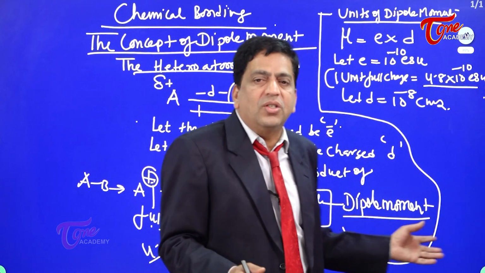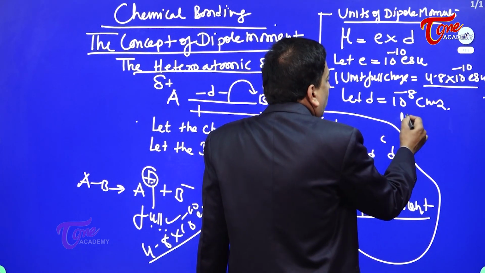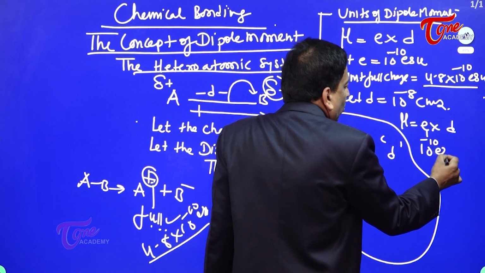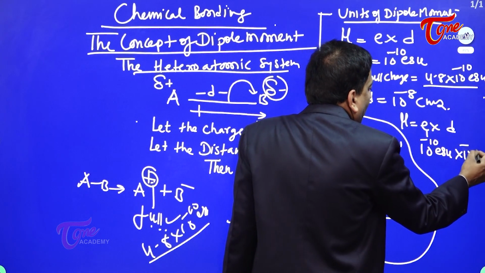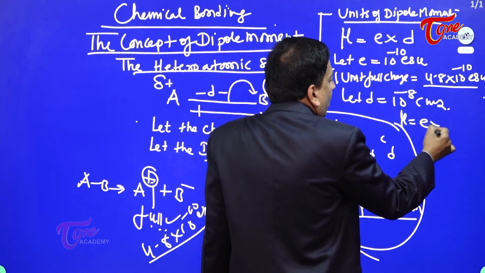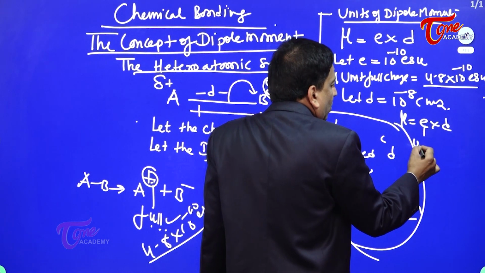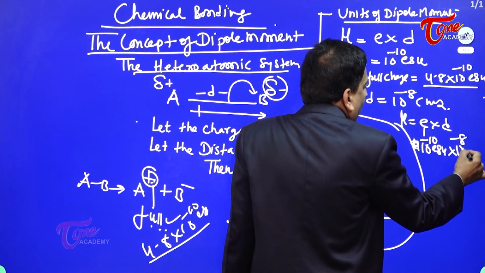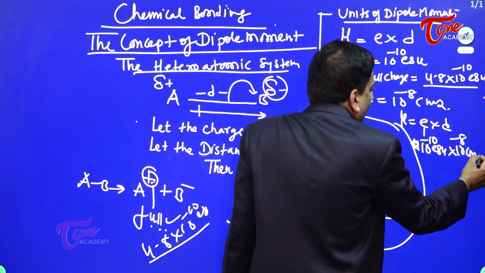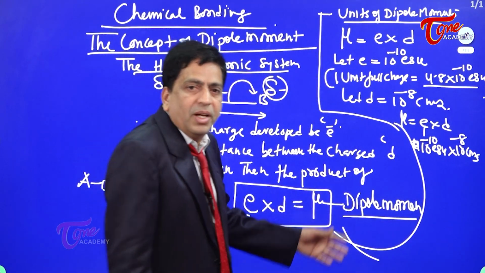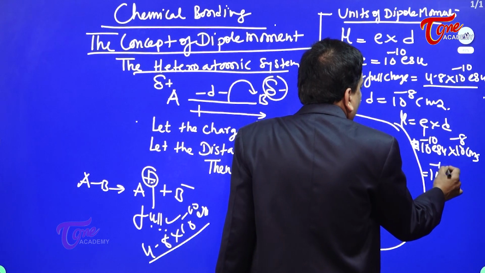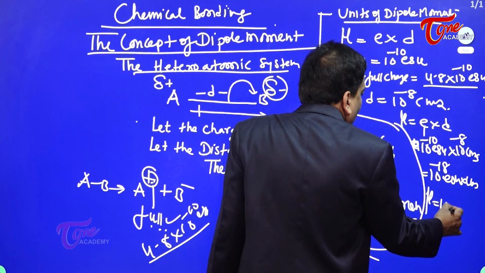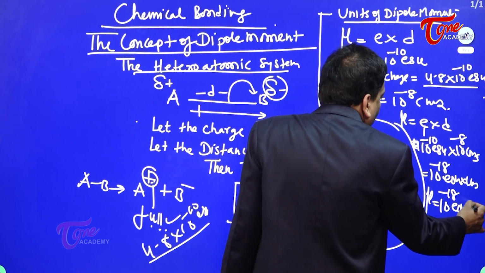Then if you substitute these values, mu is equal to E into D, where E is 10 power minus 10 ESU into D is 10 power minus 8 centimeters. So this will be equal to 10 power minus 18 ESU into centimeters.